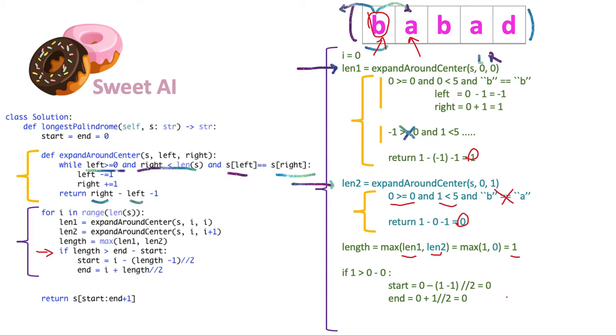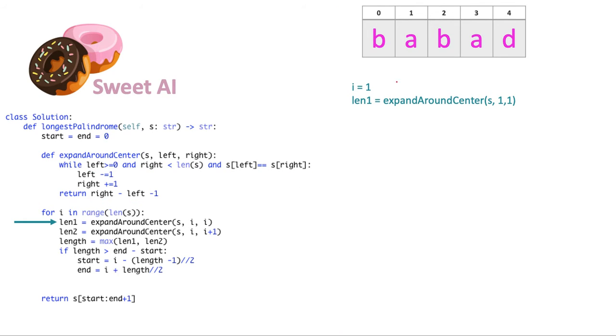So 0 minus 0 is 0, so 1 is bigger than 0, so the letter B as a substring is bigger than the one that we had before. So we update the start and end, and they are considering the letter B as the longest substring so far.